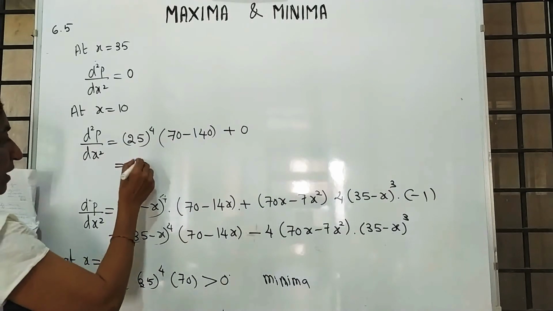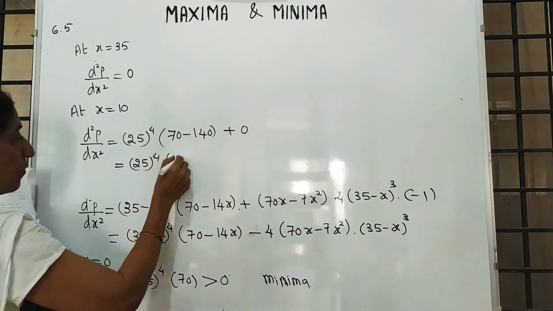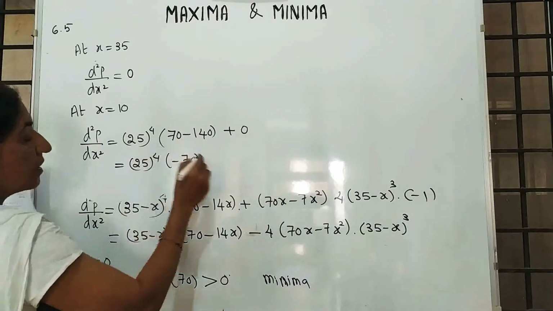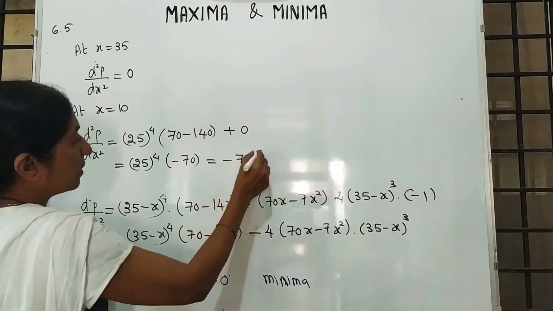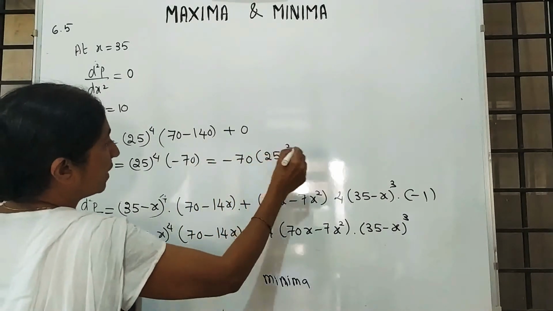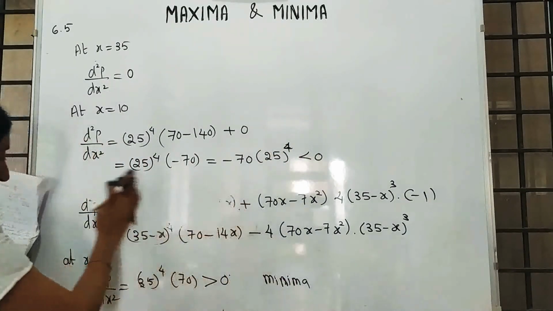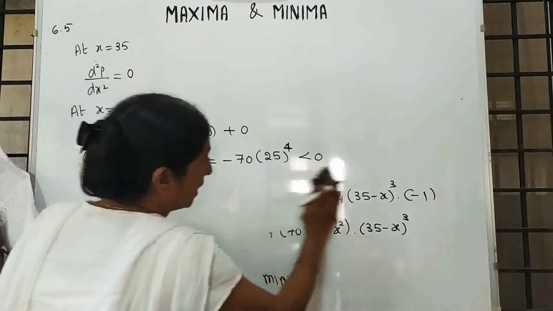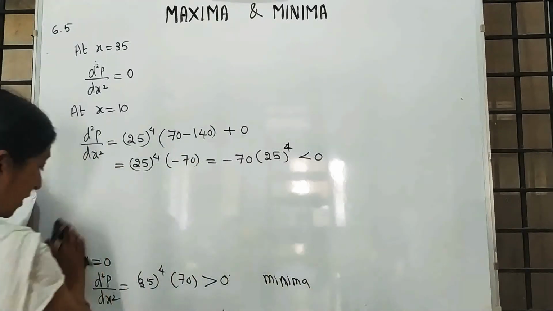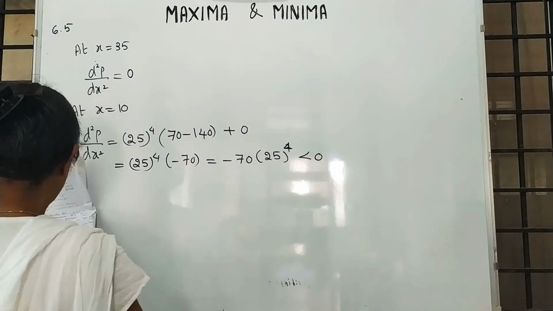It is 25 raised to 4 minus 70, that is nothing but minus 70 into 25 raised to 4. Is it less than 0 or what? Yes, less than 0.